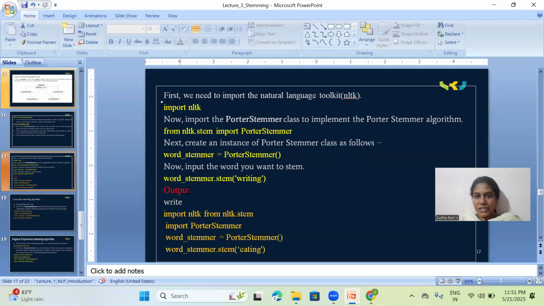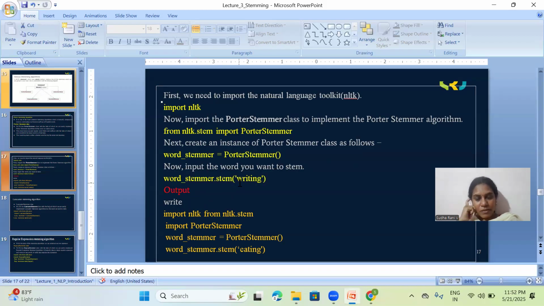We can create the instance like word_stemmer equal to PorterStemmer. Put what you want to stem. It's very simple. See, word_stemmer.stem of writing. So we see writing, write, wrote. All these stemming words, the root word is what? Write.